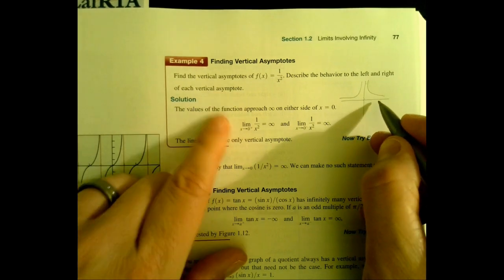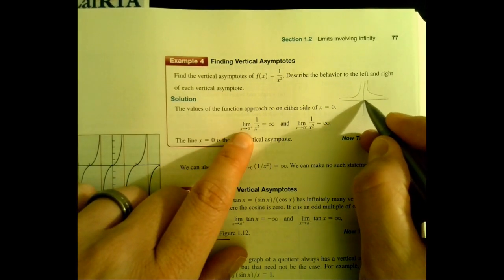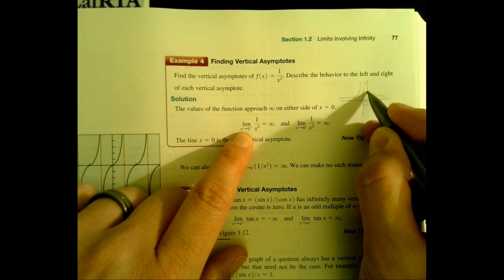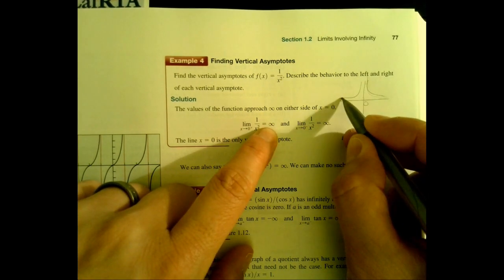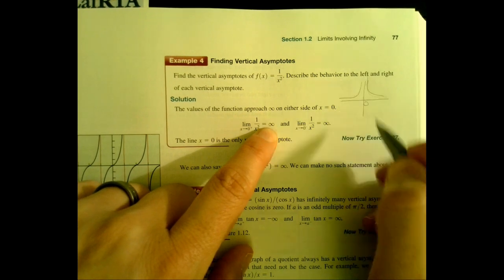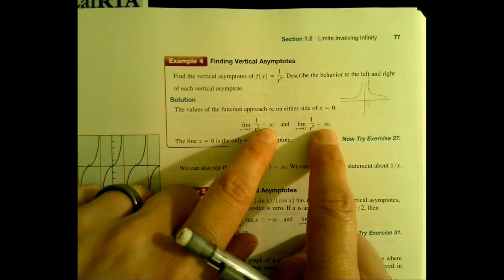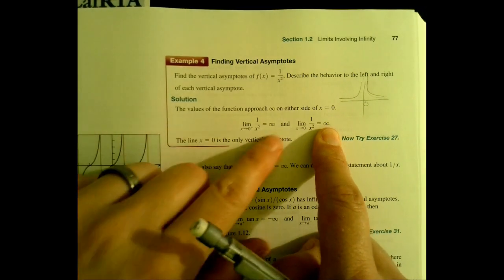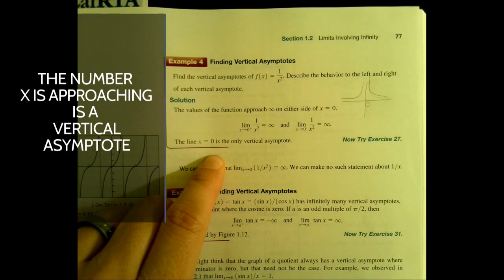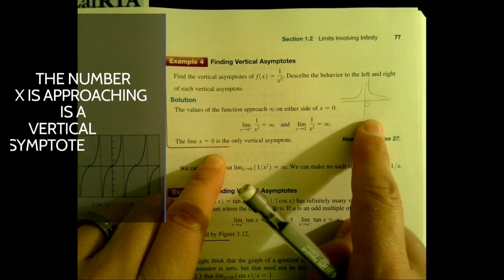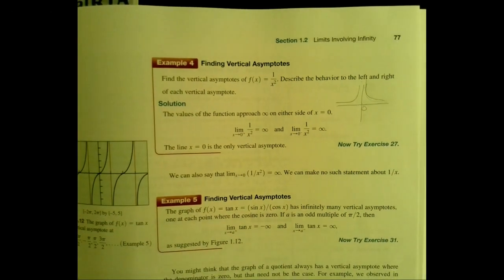If I approach 0 from the right, I can see my function is approaching positive infinity. If I approach 0 from the left, my function is also approaching positive infinity. By the way, it doesn't matter that these match. What matters is that the result is an infinity, therefore we know it is a vertical asymptote. And actually in this case, it's the only vertical asymptote.